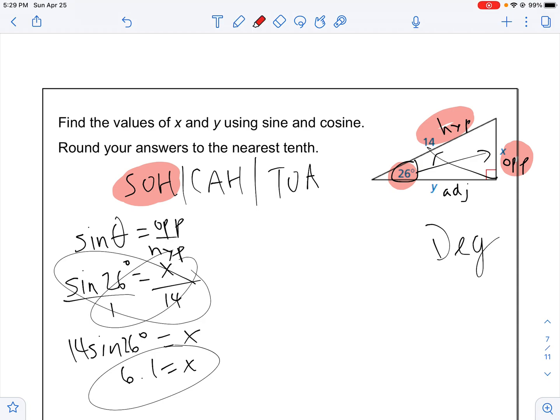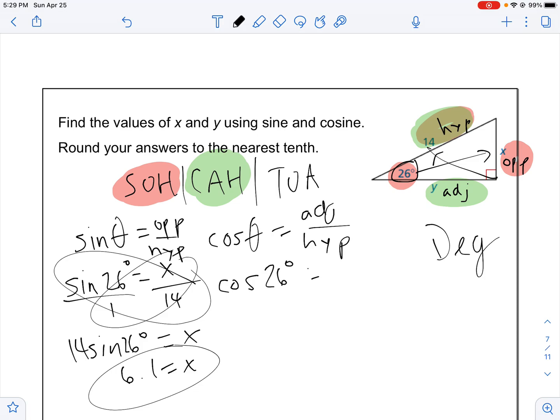Next, we need to find y. That is the adjacent, and they give us the hypotenuse, so we've got to use cosine. Cosine theta equals adjacent over hypotenuse. Plug in what you know. Cosine of 26 degrees equals adjacent y over hypotenuse 14.